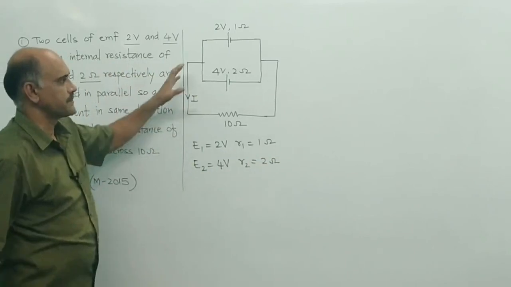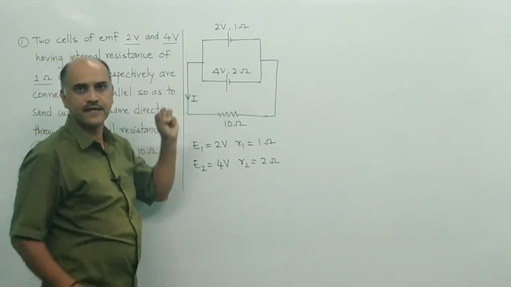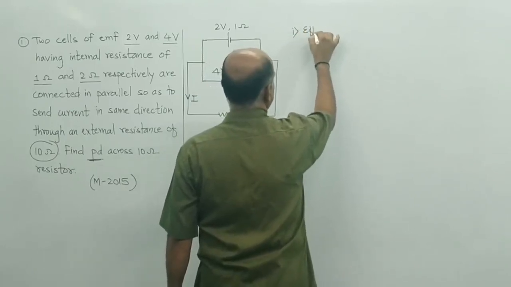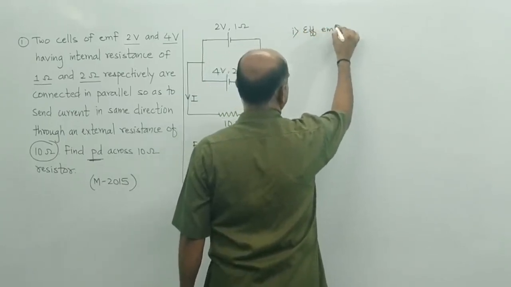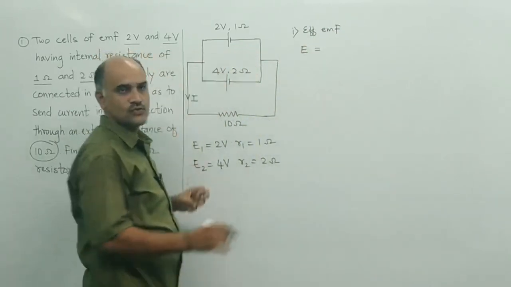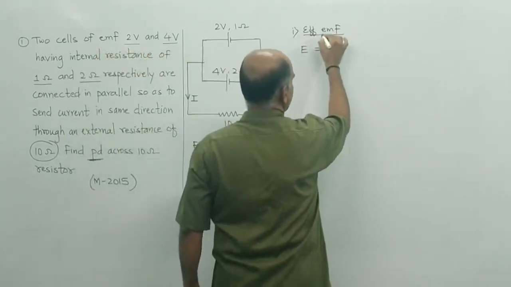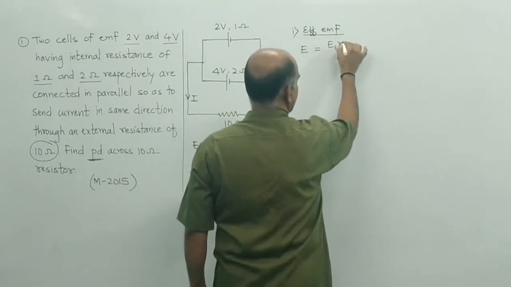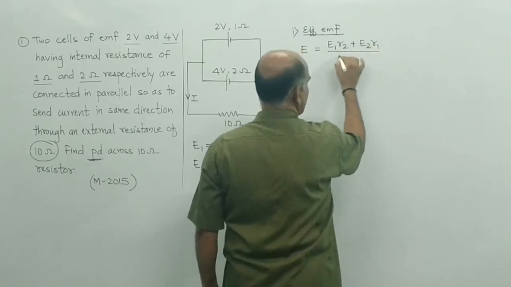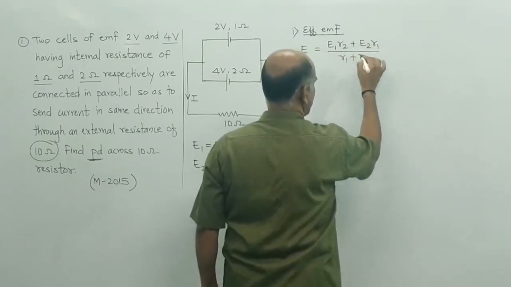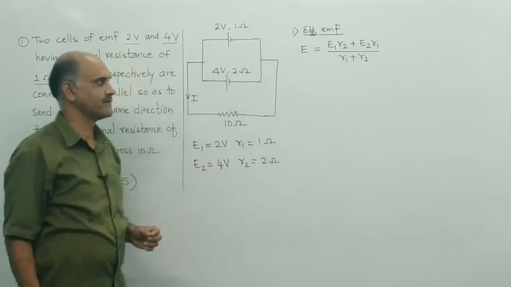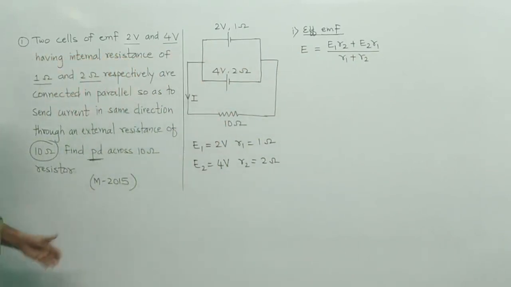So now first step, in combination of cells you are required to find effective EMF, that is E is equal to, for two cells combination, effective EMF is given by E1 R2 plus E2 R1 divided by R1 plus R2.